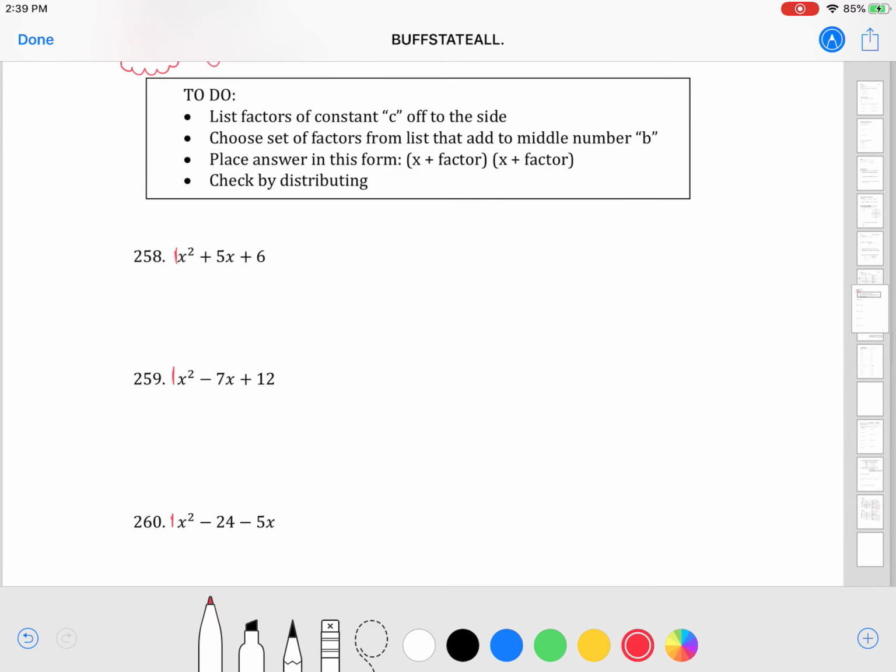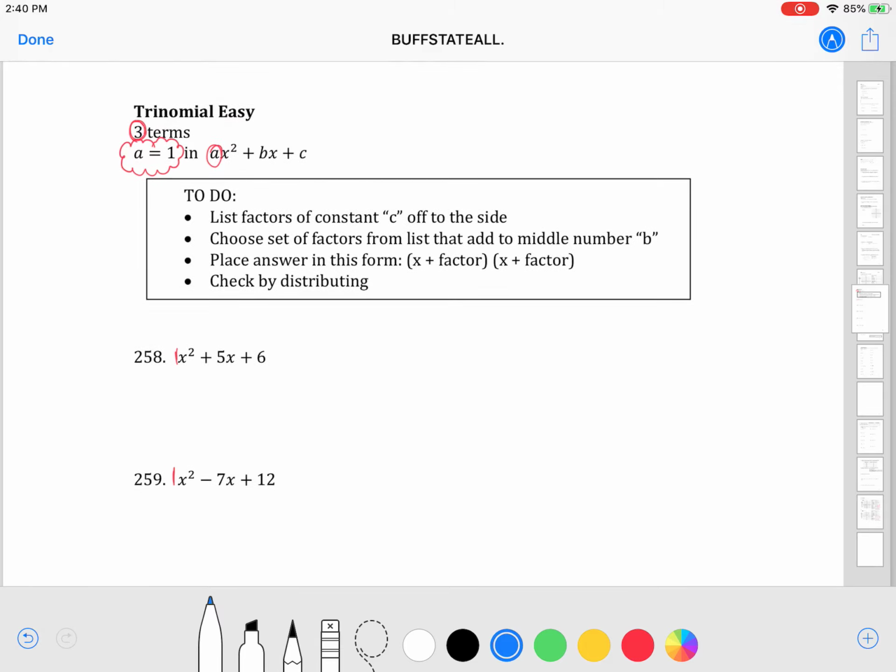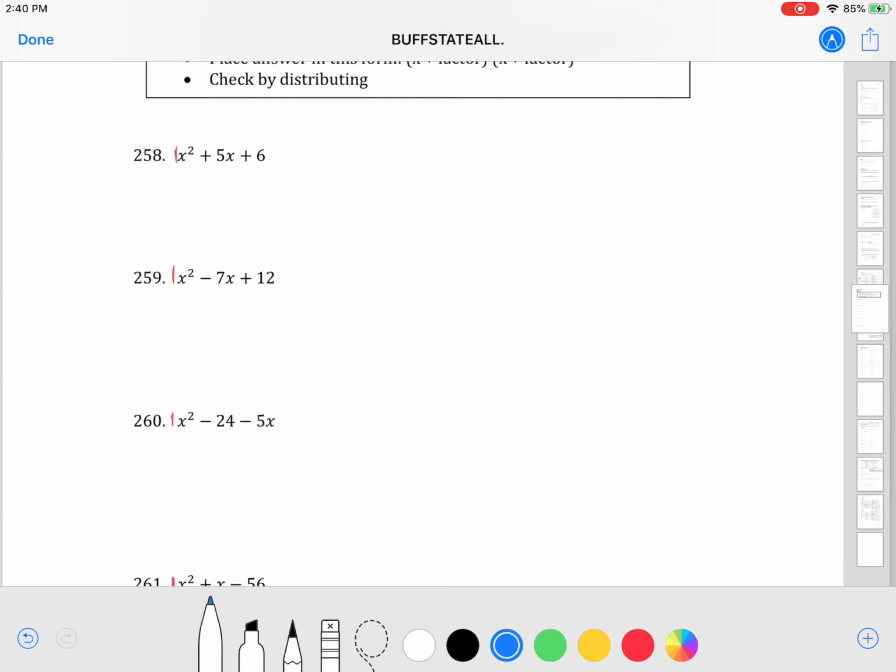So what I want to show you all first, and a lot of people like this, a lot of people don't. I usually get like a 50-50 split. If it's a trinomial, the AC method that we just learned will always work. So we're going to do this first example using both methods. I'm going to start by showing you AC with this, okay?